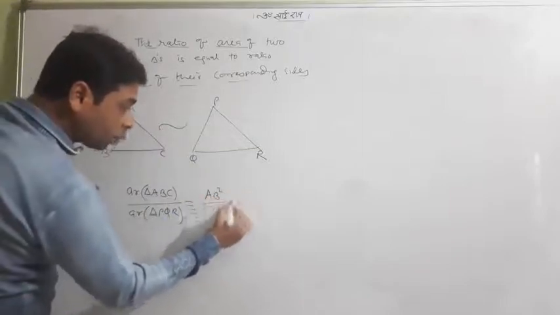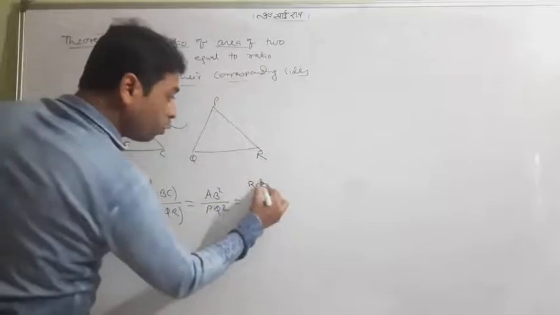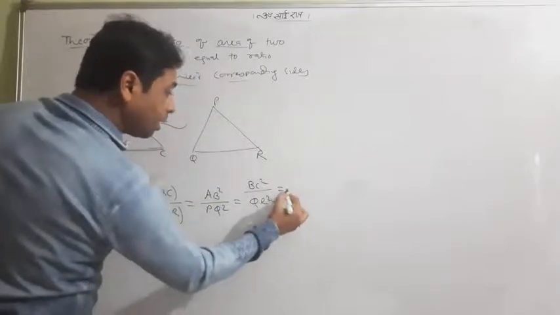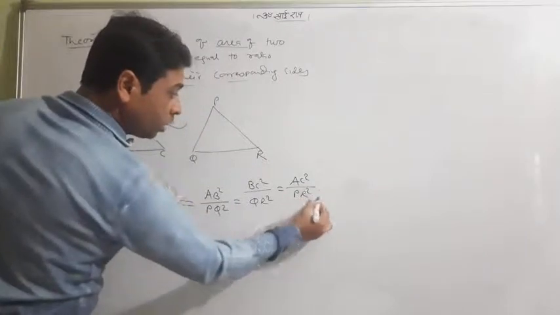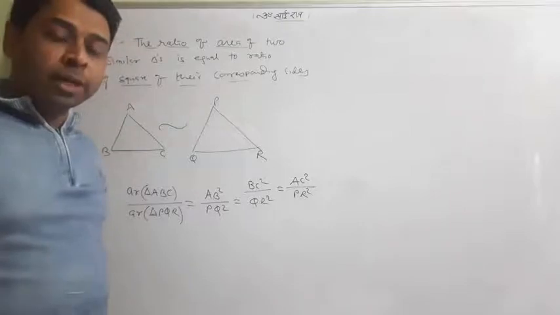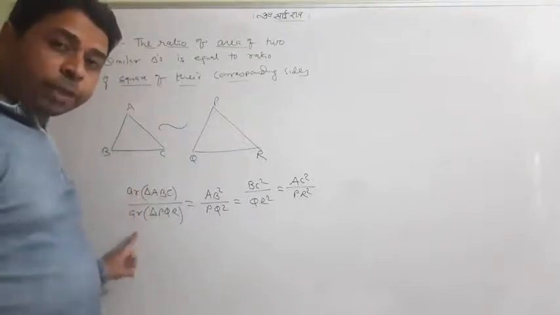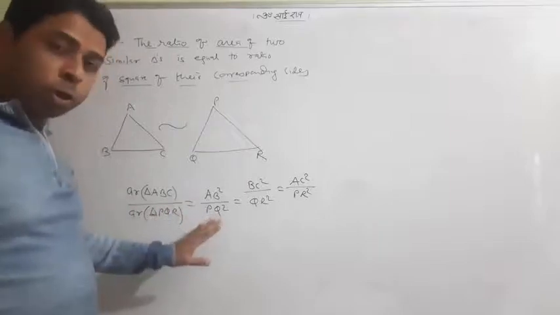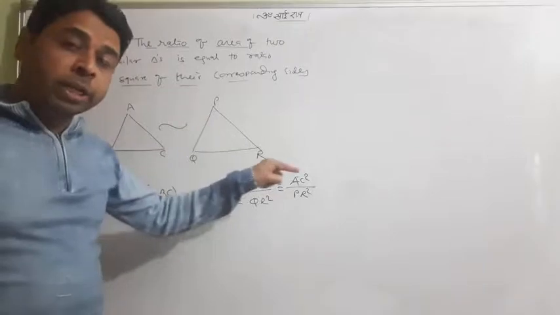So AB square upon PQ square, BC square upon QR square, and lastly AC square upon PR square. So this is the statement you have to remember: when two triangles are similar, the area of the first triangle upon the area of the second triangle is equal to the ratio of the squares of their corresponding sides.